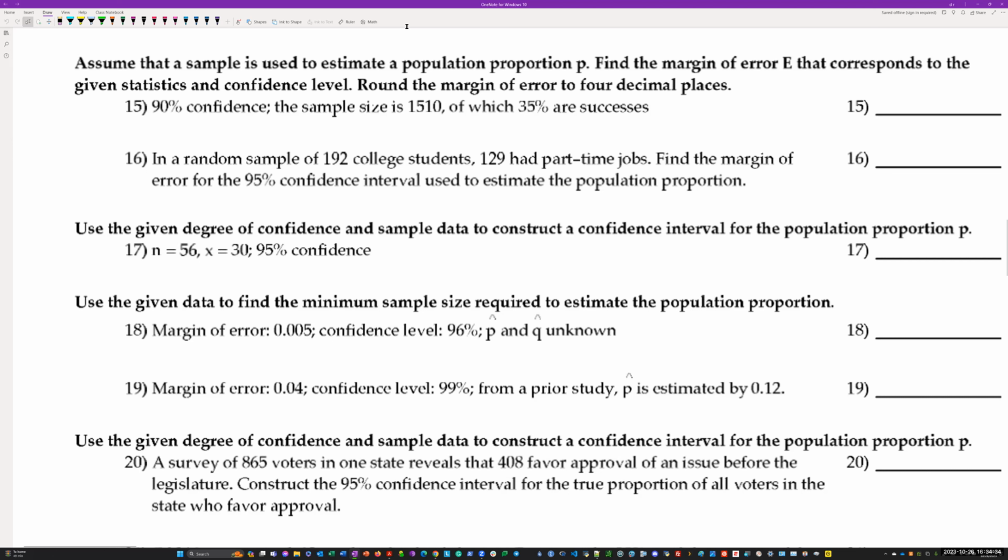For the margin of error? What's P with the upward arrow? That's the estimated proportion. That's not what they're asking you for. The estimated proportion is just this number divided by this number. It's asking you for the margin of error.